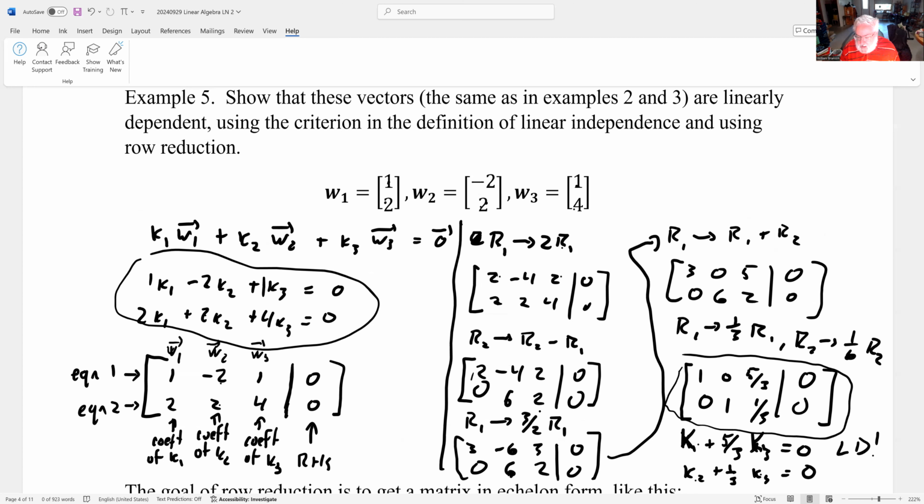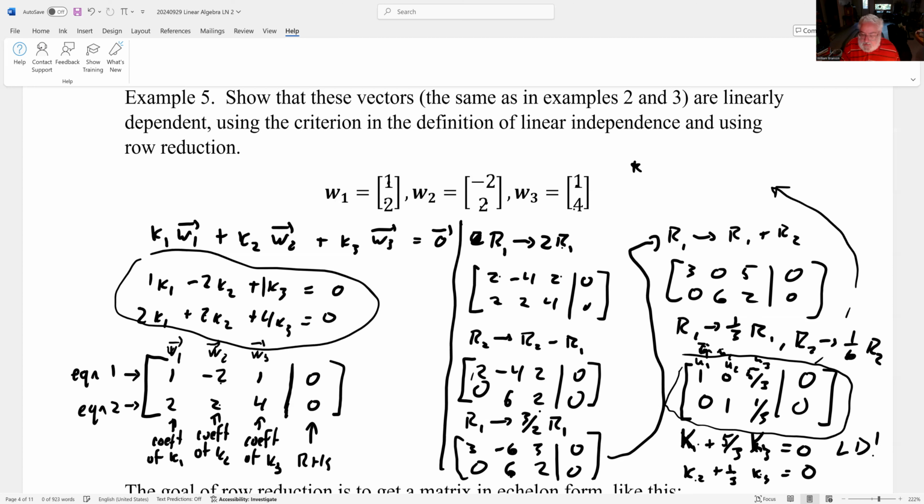And these columns end up with K1. Well, the column, if we call this U1, U2, we call the columns U1, U2, and U3.